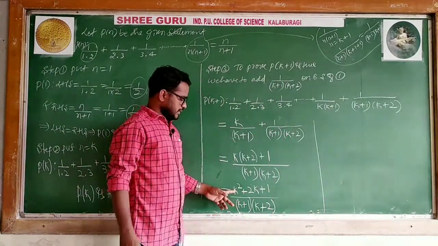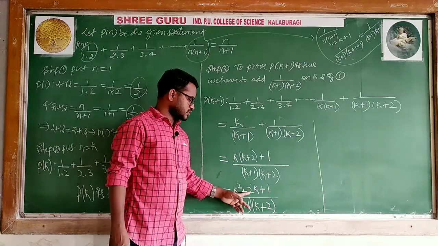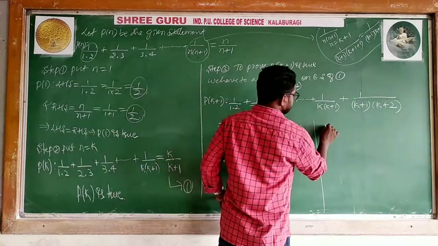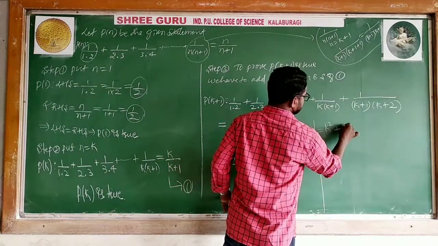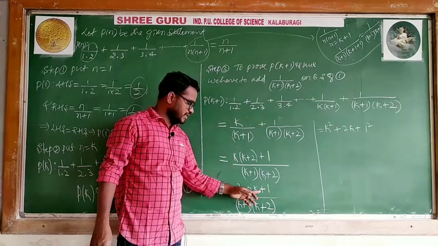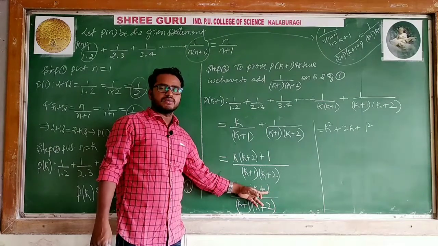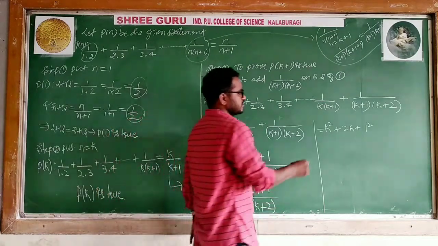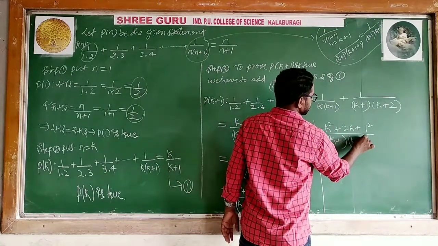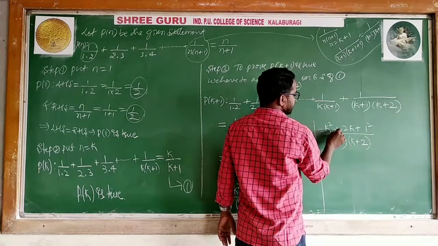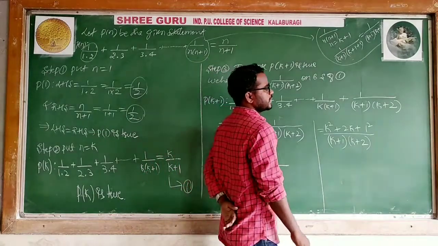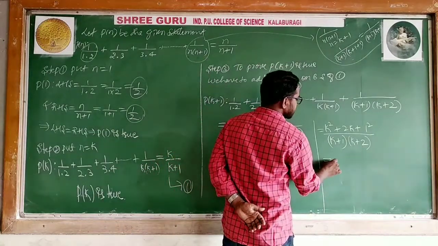1 means can I say a square plus b square plus 2ab? K square plus 2k plus 1 can be written as k plus 1 whole square, like a square plus b square plus 2ab, which can be written as a plus b whole square.